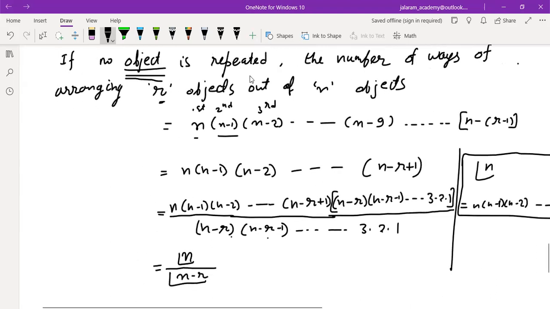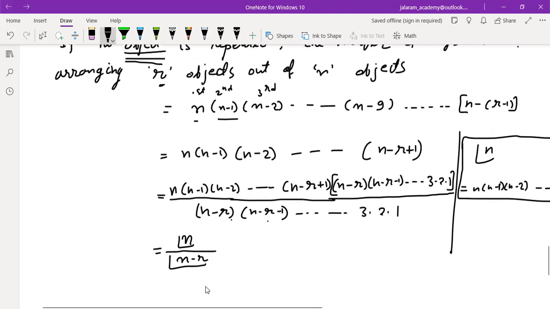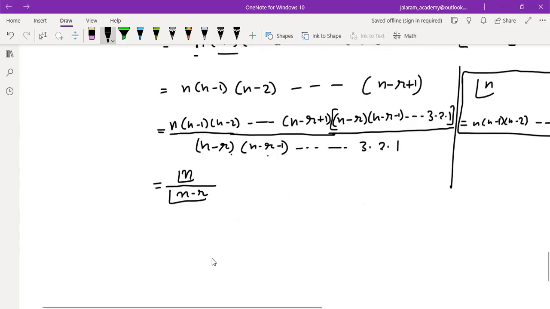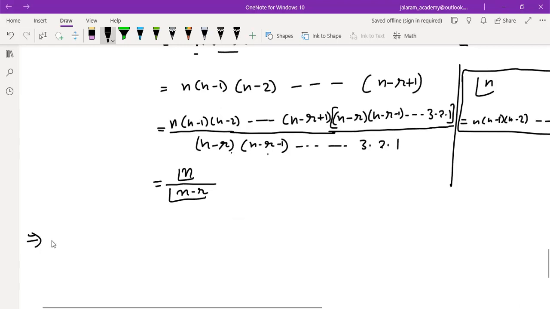So remember, if no object is repeated, the number of ways of arranging r objects out of n objects is also stated as permutation of r objects out of n objects. Okay, this is also stated as what? Arrangement, or permutation.